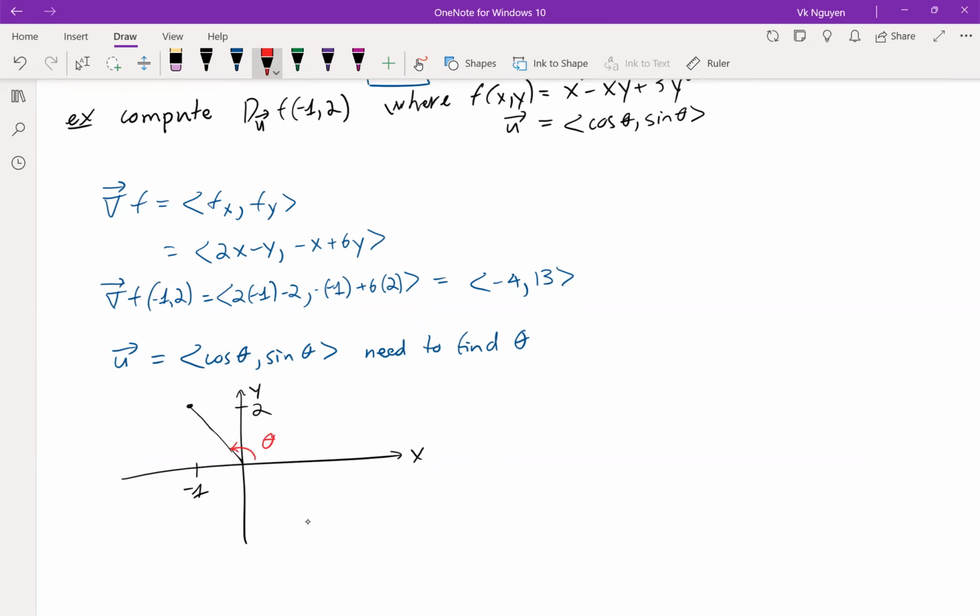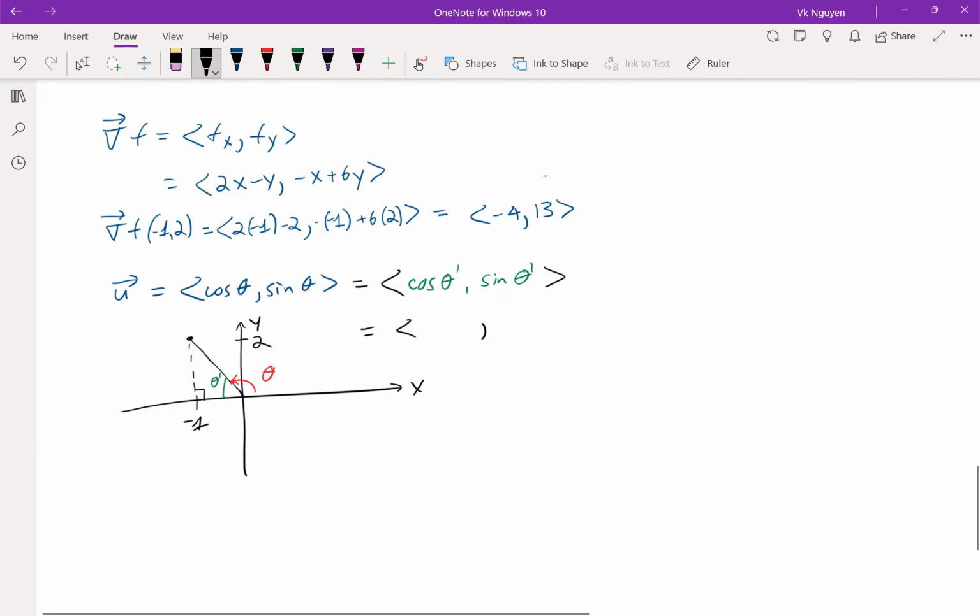Right. So what would be cosine of the angle theta? a squared plus b squared equals c squared. So -1 squared plus 2 squared equals c squared. It is 5 equals c squared.